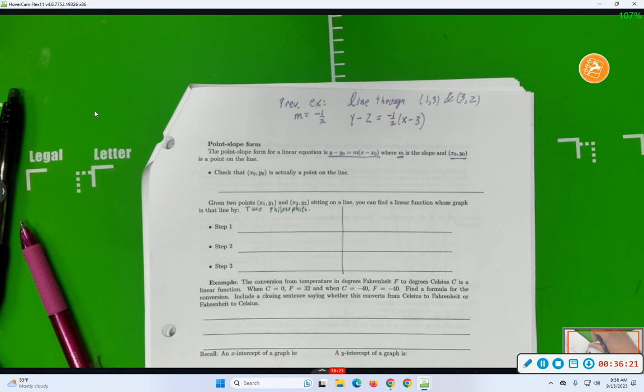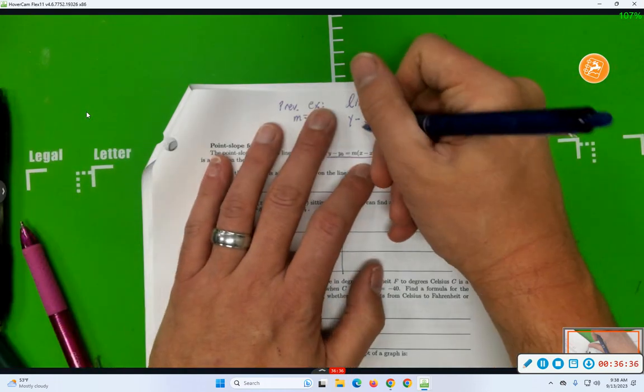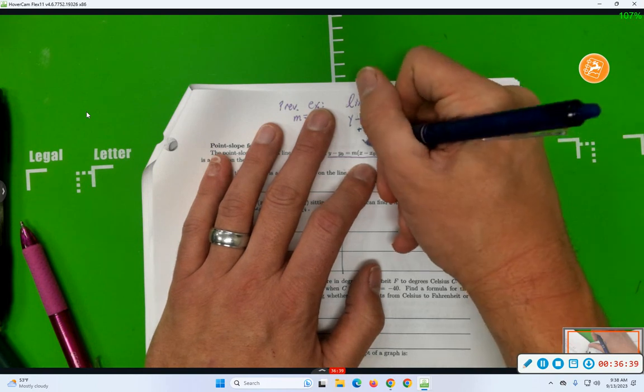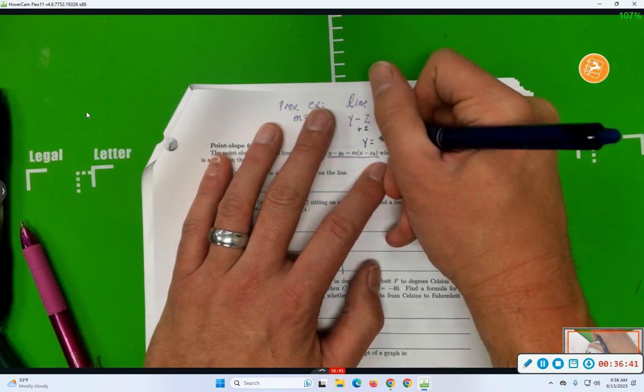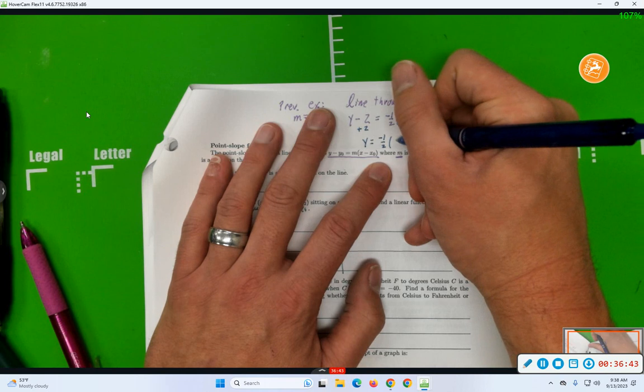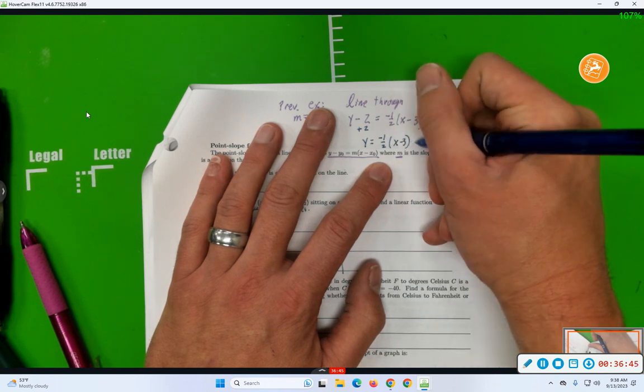What would you do to get that into the form y equals mx plus b? Move the 2 over. Y equals -1/2 x minus 3 plus 2.